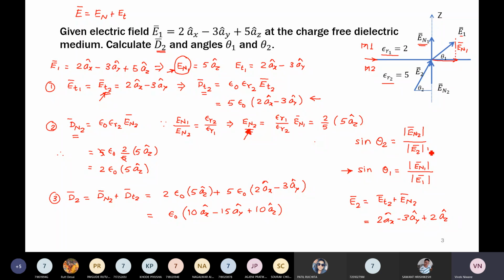So we do have all of these, and simple trigonometry will give you angle theta 1 and theta 2.